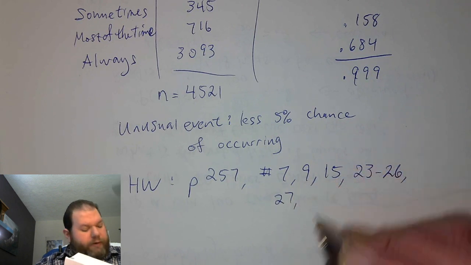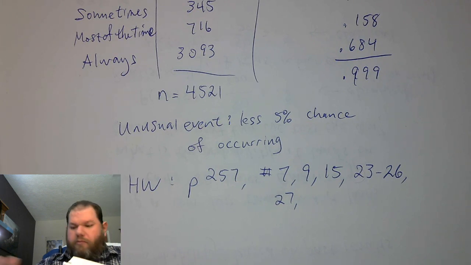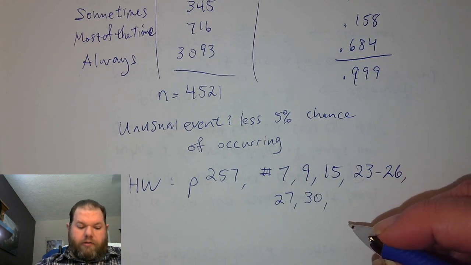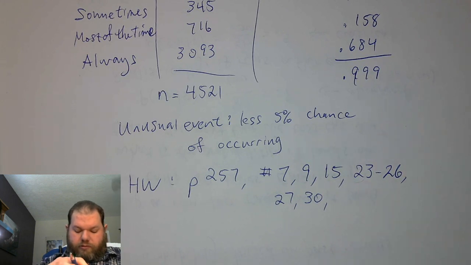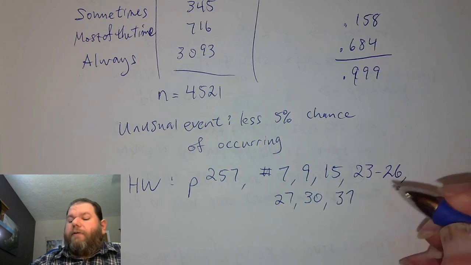Go ahead and include 27 also. And 30. And 37. And that's it.